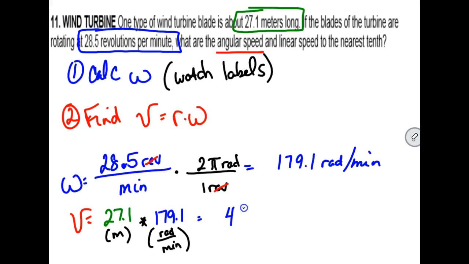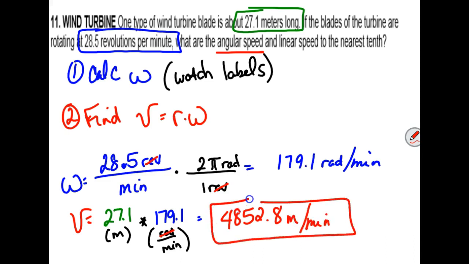Why am I switching colors so much? 4852.8. The label, if you ignore the radians, is meters per minute. So, if for some reason I came back at you with this problem and I said, oh, never mind, I need my, is that not the right number?